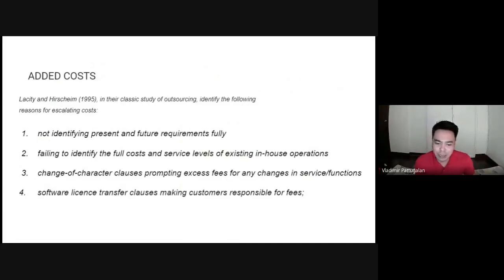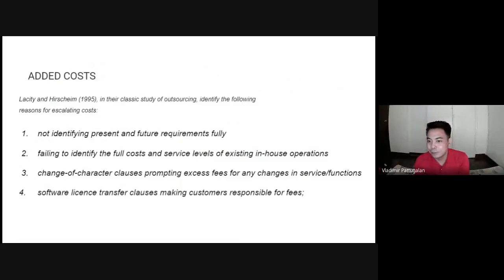If you don't know future requirements, if you haven't predicted what will come up, it presents loopholes within the contract. And when there's loopholes, it presents an opportunity for the third party to add some more bills for certain functions that they do.